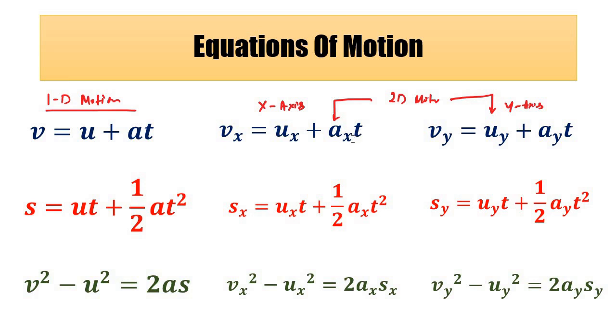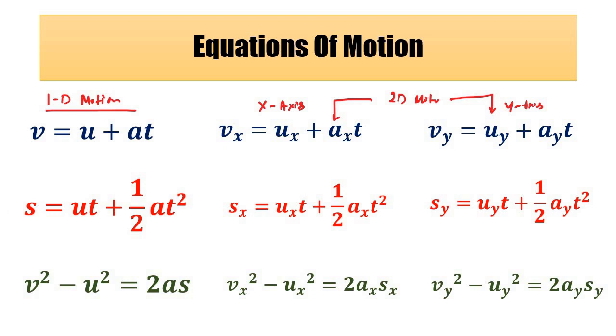Time has no component; it is not a vector, isn't it? Similarly, Vy is equal to uy plus ayt, the respective components along the y-axis. We all know acceleration is also a vector, so acceleration can also be resolved into horizontal and vertical components.